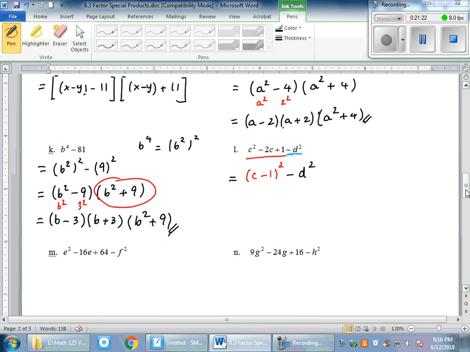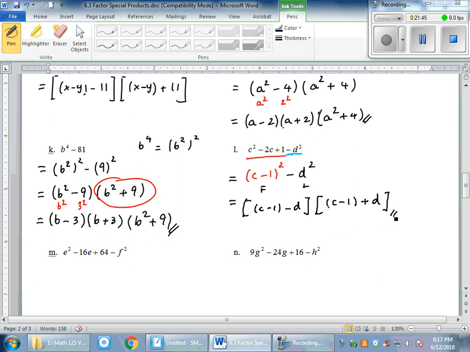So continue factoring, this becomes a difference of 2 squares. I can see that this is my first and this is my last. So I can say that first minus last, first plus last. And this will be my final answer.